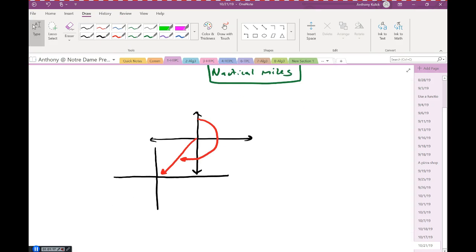And now from this position, I'm going to find 162 degrees, which is 90, and then like 72 more. And this time I'm going 155, which is what we said. And really, I mean nautical miles here.